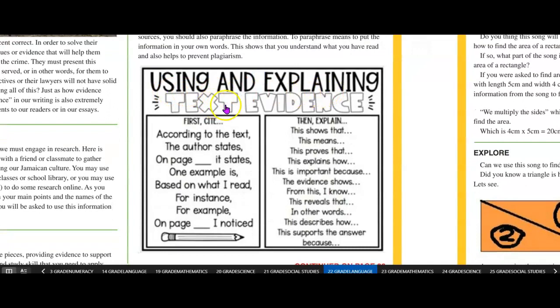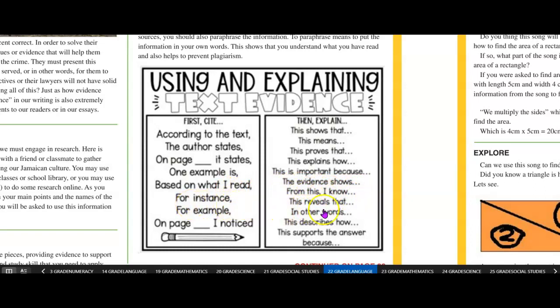Using and explaining text evidence. First, cite, then explain. According to the text, this shows that, the author states, this means that, on page so and so it states that, and this proves that, or this explains how. One example is, and this is important because, based on what I read, the evidence shows, or from this I know that.